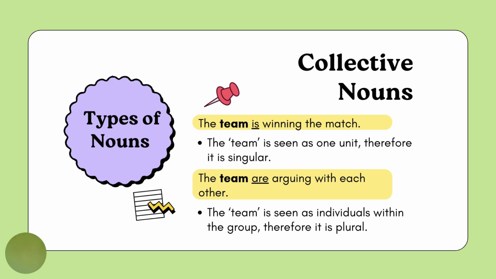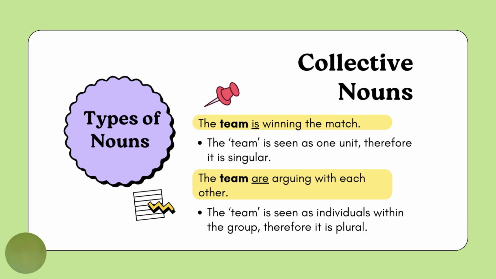Therefore, the team here is considered as individuals, as the members, so it's plural. The members are still in one team, but because they are doing something differently, not united, they are considered plural. Okay, so that's the end of the first part of nouns.